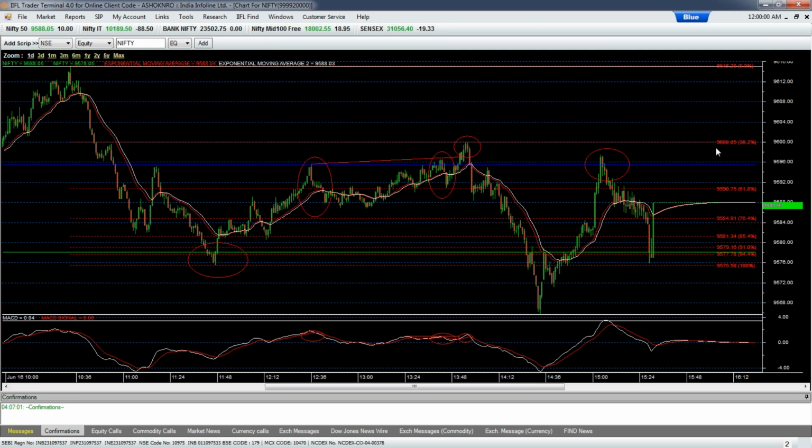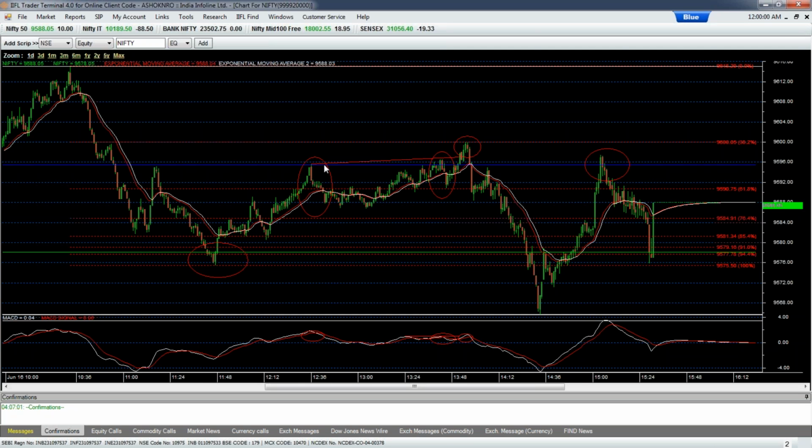Right. So 9600 is a very strong resistance. Previously it also fell down to 95, 96, and afterwards gained momentum and came to the 9600 level. It did not sustain, it came really low.